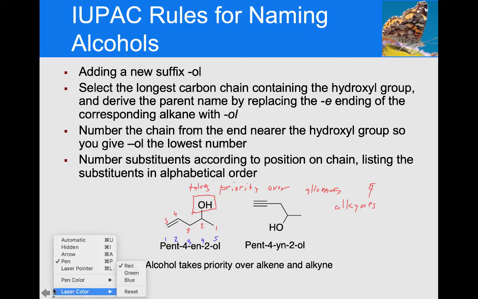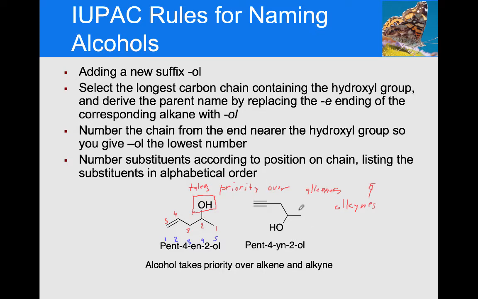The alcohol takes priority over the alkene. So this becomes, and then you still have the suffix in there, right? So ene-ol. So this becomes pent-4-ene-2-ol because 1, 2, 3, 4. So the alkene is at 4, the alcohol's at 2.